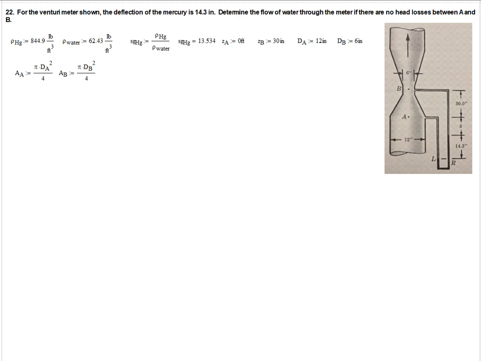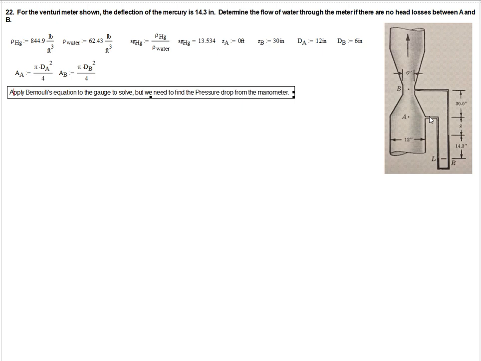Now the first thing that I like to do is, let's forget about the manometer for now, and let's just assume that we just put in a simple pressure gauge that's easy to read, and it just gives us a number. So we're going to apply Bernoulli's equation to this system to solve it.